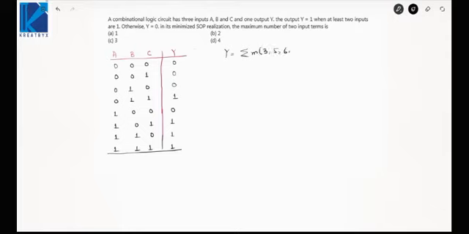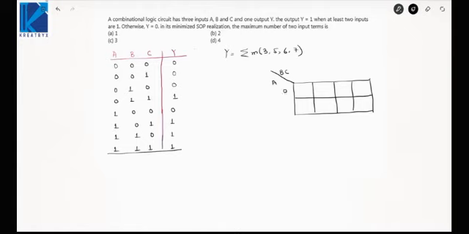3, 5, 6, 7. Now if we draw a 3 variable K map, here I'll take MSB as A and other bits as B and C. So we have to mark 1 as 3, 5, 7, 6.